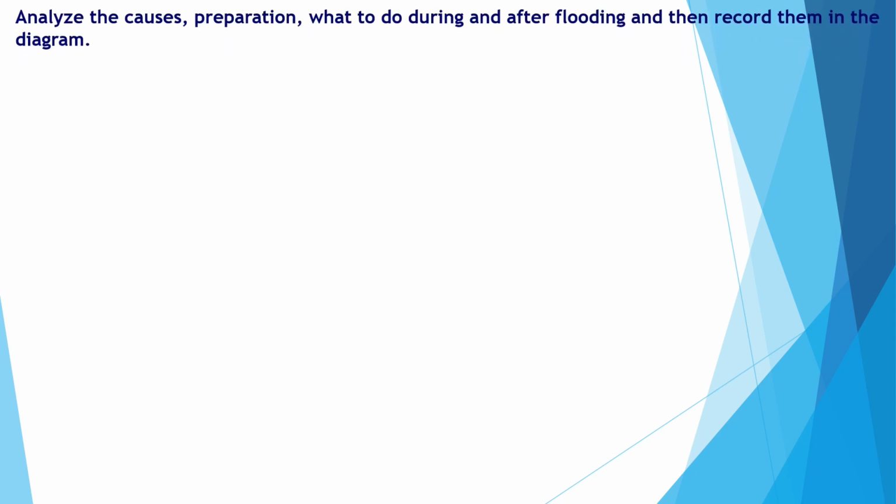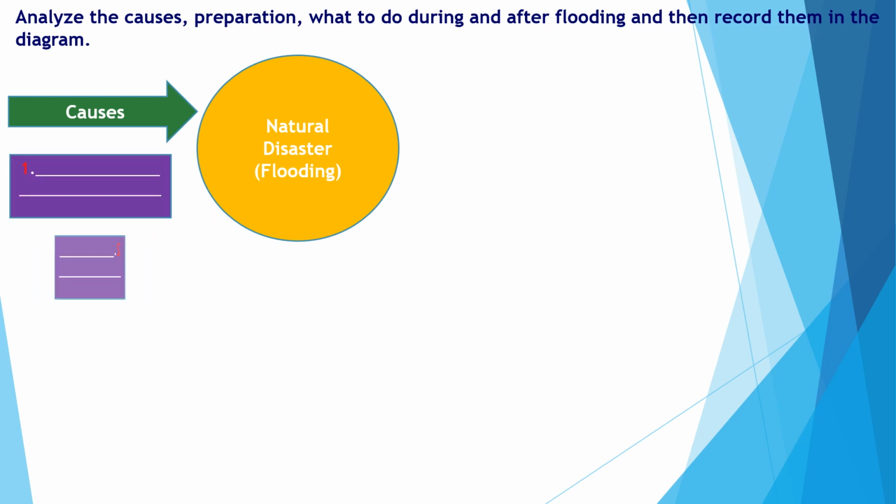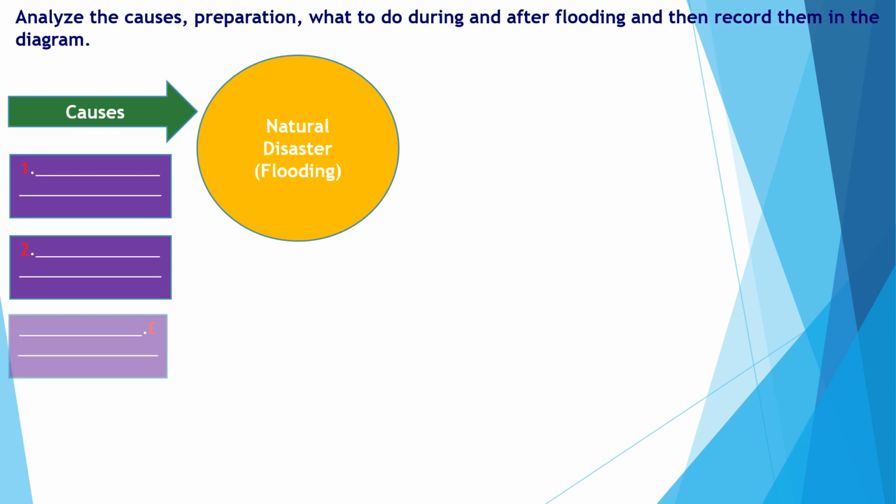Now, answer this activity. Analyze the causes, preparation, and what to do during and after flooding, and then record them in the diagram. First, flooding. What are the causes of flooding? You need to write first, second, and third causes.